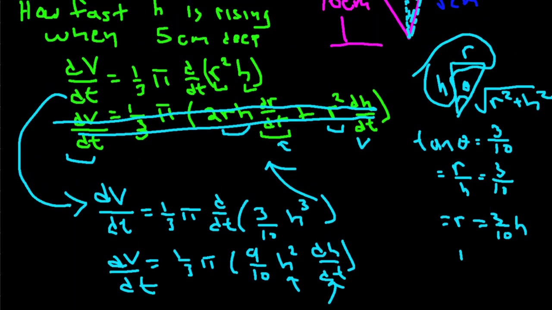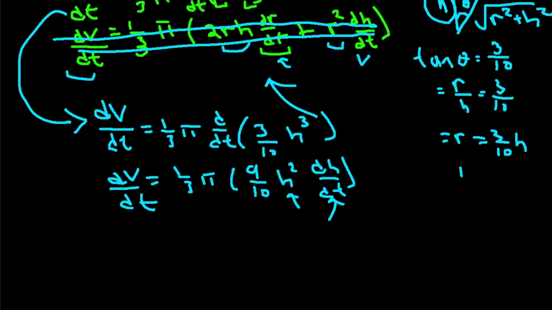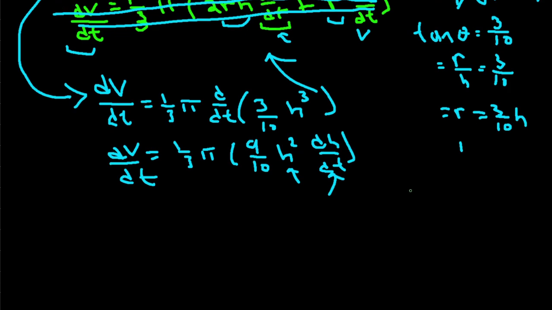So what is the volume when the height is 5 centimeters? Volume, hang on, let me use a different color here. I'm going to use red. Volume equals 1/3 pi (3/10 h) cubed. So when the height is 5 centimeters, 5 times 5 is 25, times 5 is 125.